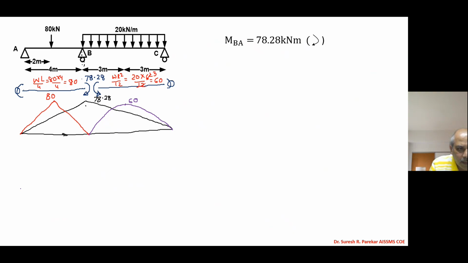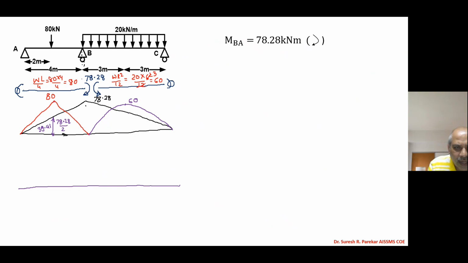And now we will plot the BMD on tension side. Here we have the value 80, so below this we have to find this value. By similar triangle, it is at the center, so we will get 78.28 divided by 2, and that is 39.41.